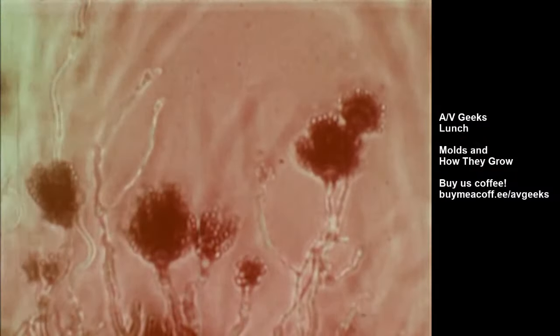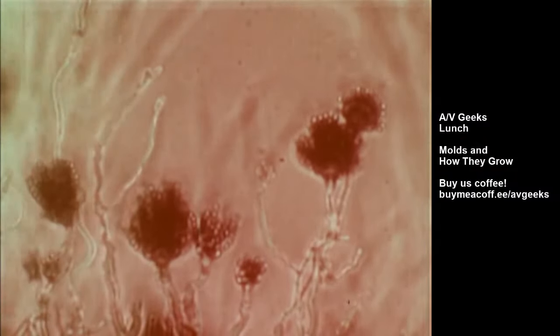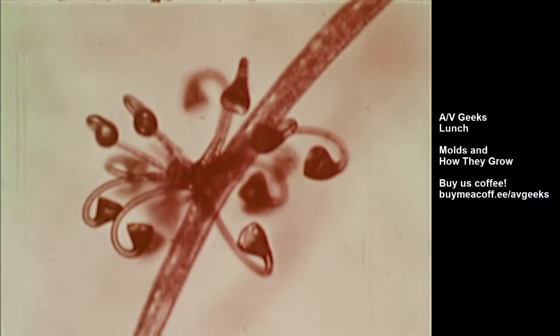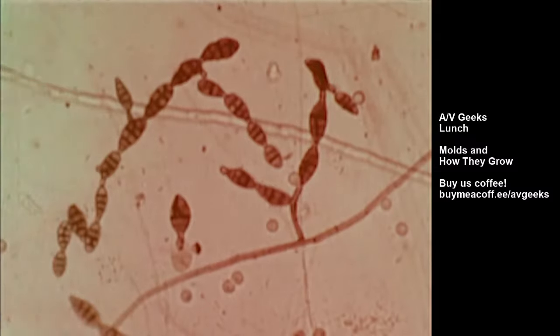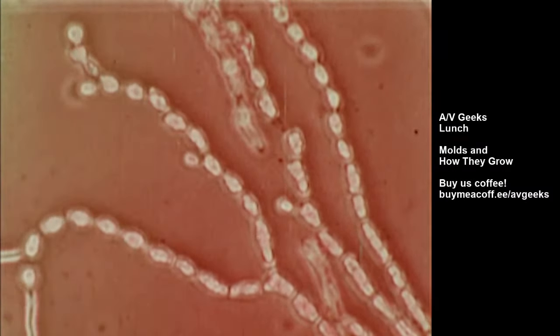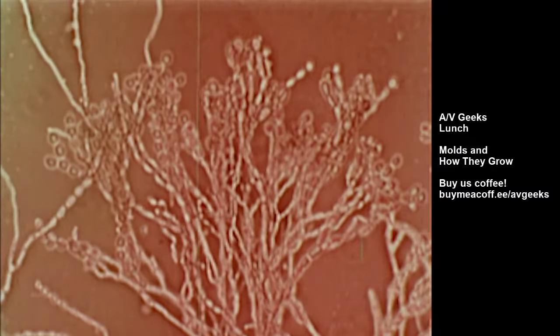Every variety of mold produces spores, but each variety has a characteristic shape and color. Each variety produces spores which may grow and form a new colony.